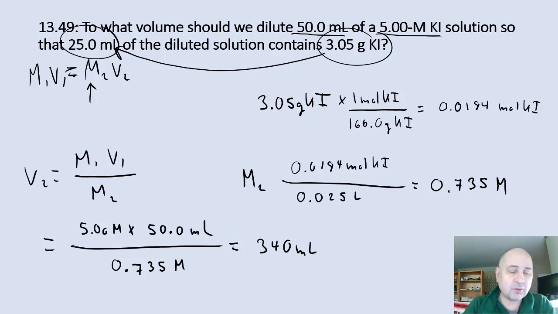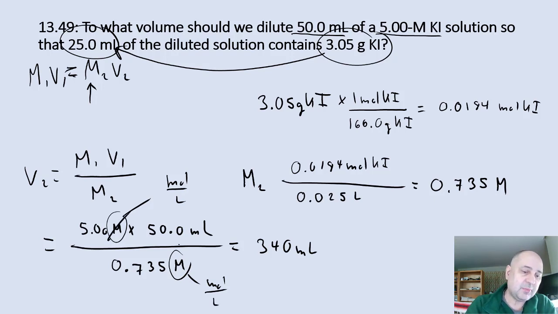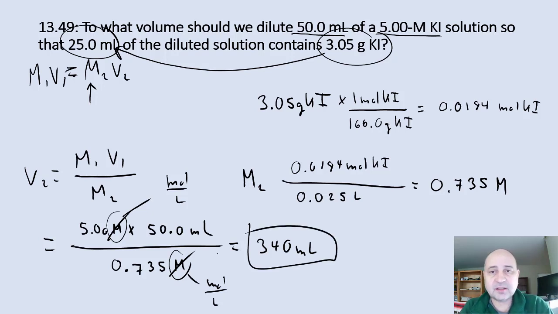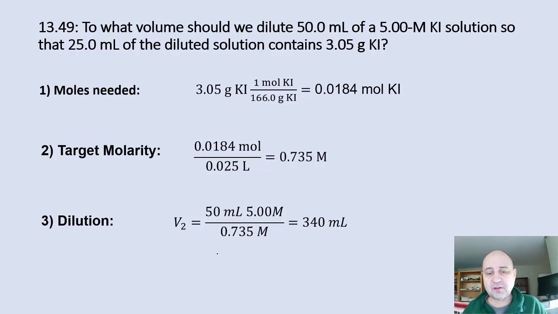So this we don't need to convert to liters, because this is moles per liter, and so this is also moles per liter, and so they simply cancel, and our answer is in milliliters. Since I don't ask specifically for you to solve for the volume in liters, you can leave it like that. Okay. This is the problem all worked out in detail.